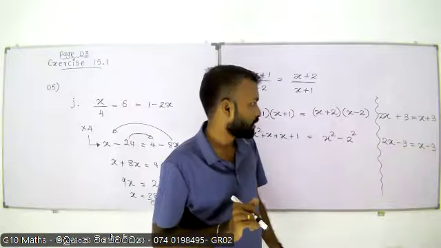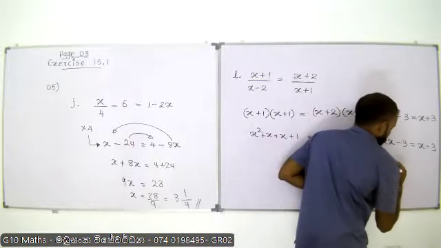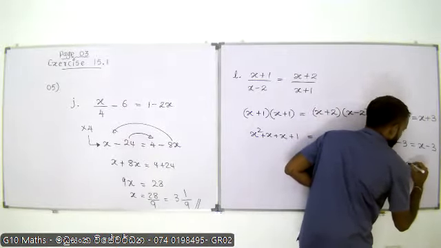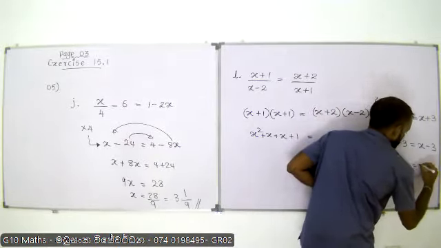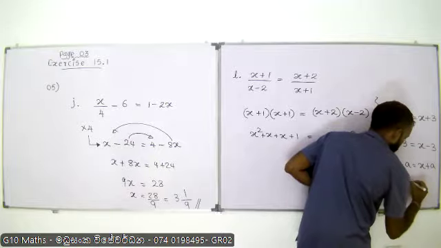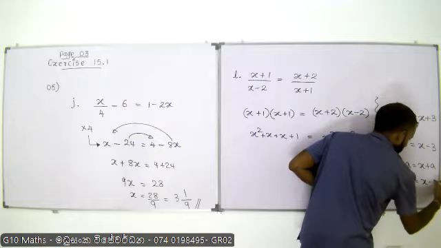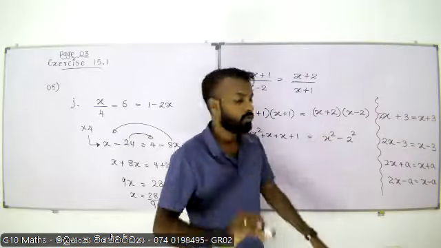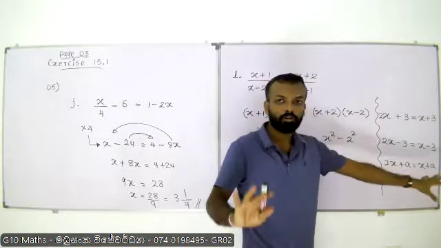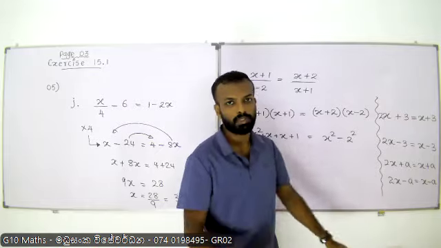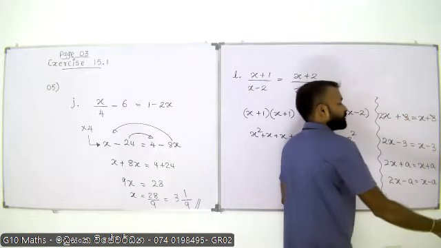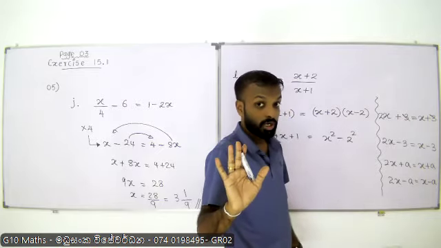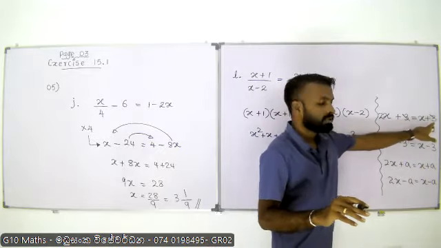For example, you may see 2x plus a, x plus a, or 2x minus a, x minus a. It is not only numbers; with algebraic terms you can also do the same thing. I am explaining the logic only. You can do this easily.